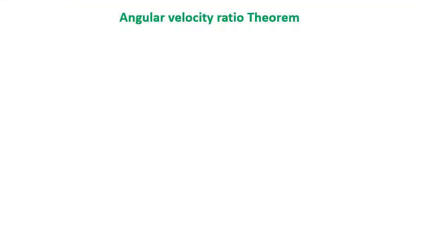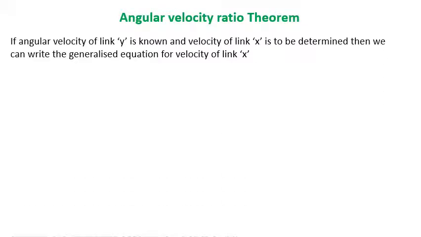So next one, the angular velocity ratio theorem. This theorem states that if the angular velocity, that is omega, of a link y is known and the velocity of a link x is to be determined, then we can write the generalized equation for the velocity of link x, that is, Vx equals omega y into I1y minus Ixy.